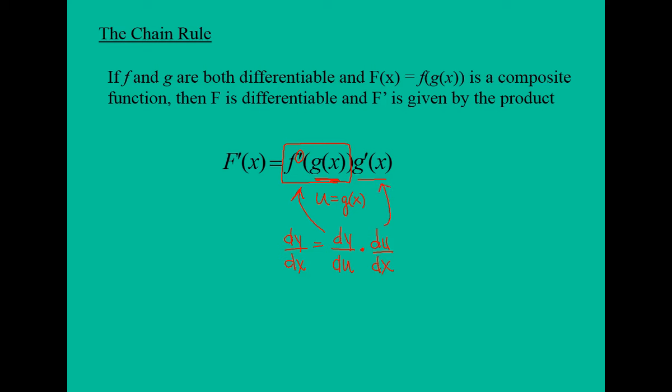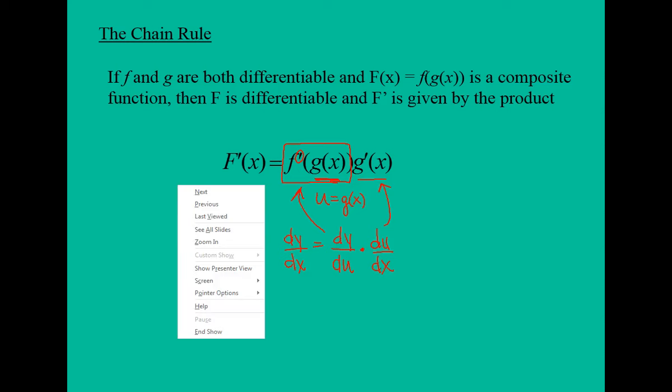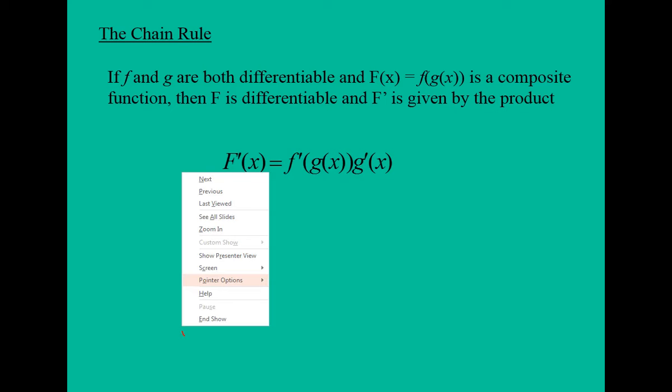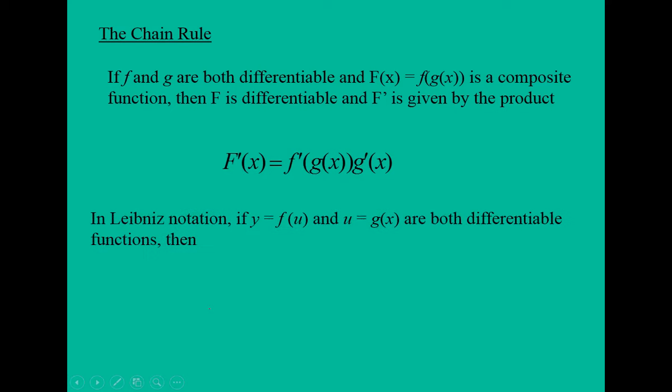So you can see that either form, it's saying the same thing. It's just using u to represent the function g of x, which is the inside function. So there are the two different ways to represent the chain rule. But just realize they both represent the derivative of a composite function.